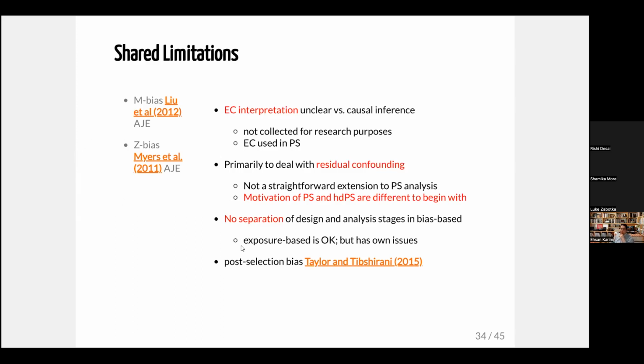And also, from a very purist view, from a theoretical perspective, there is no separation of design and analysis stage in the bias-based analysis. What that means is that, for example, in the Ross formula, we are trying to see the association between empirical covariates and an outcome. And we are doing the same with the machine learning methods. We are trying to select empirical covariates based on the association with the outcome.